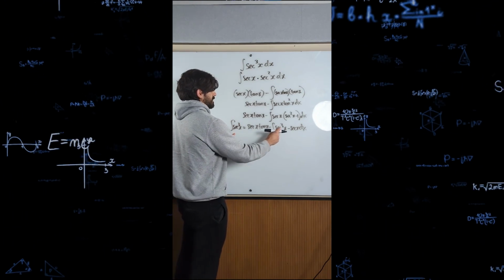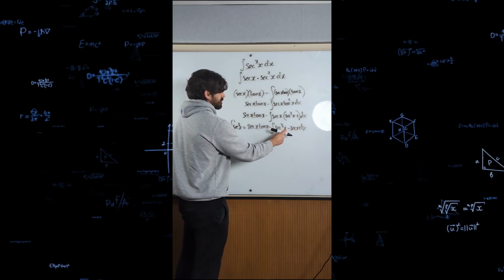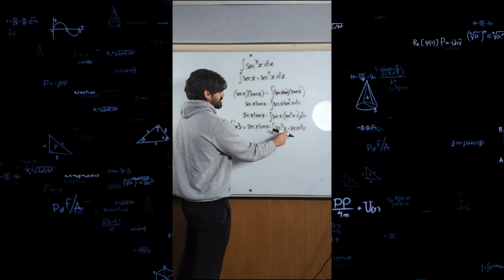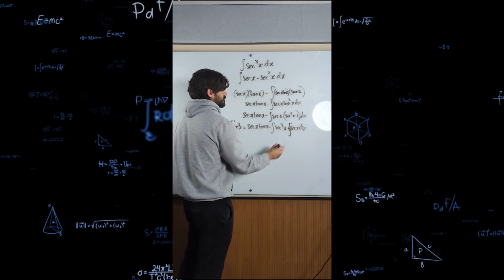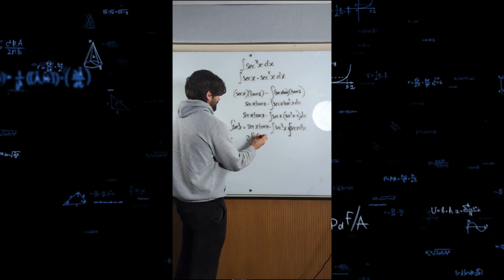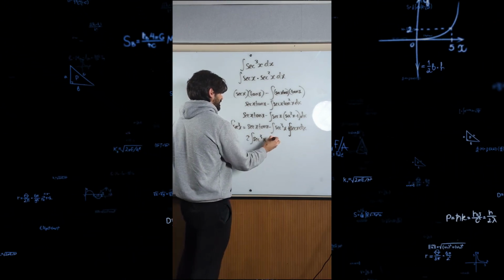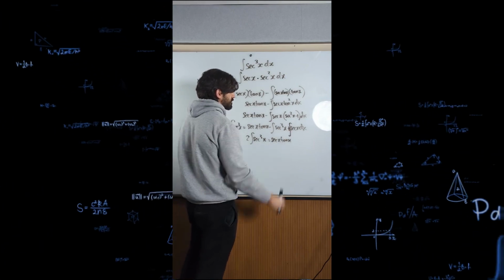I have to split the integral: minus sec cubed, minus the integral of this, then the double minus becomes plus the integral of this. If I add this over, I get 2 integral sec cubed x is sec x tan x plus the integral of sec x dx.